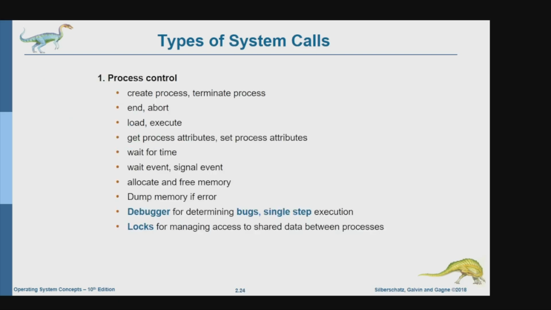The first type of system call is process control. It creates a process, terminates a process, aborts, loads, and executes. Get process attribute, set process attribute, and then wait time, wait for event, signal event, allocate free memory, dump memory if error, and then do the debugging process, single step execution, and locks for managing access to shared data between processes.